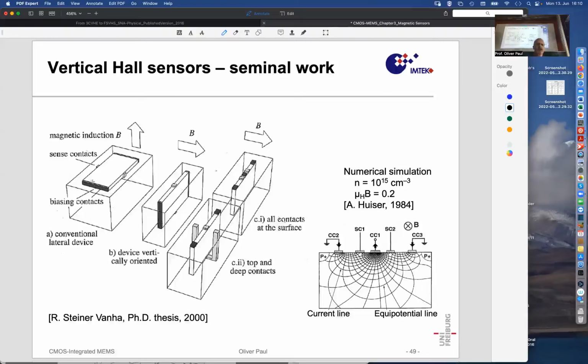So if we flip this plate into the vertical direction to have it sensitive to this in-plane magnetic field instead of the usual out-of-plane magnetic field, then we would have a buried contact. So the challenge was given to Ralf, and he said, well, let's go the Popovich way, which is this figure C1, which brings the contacts all to the surface.